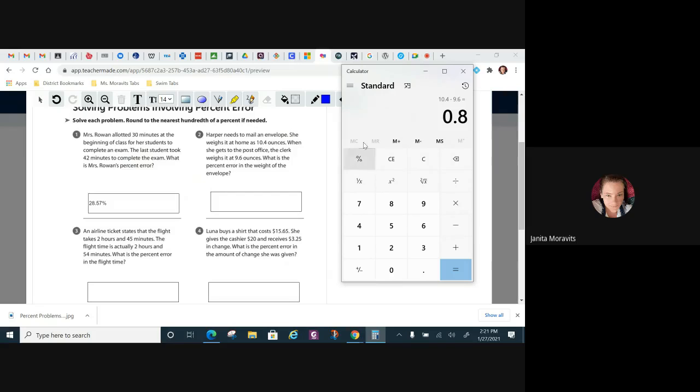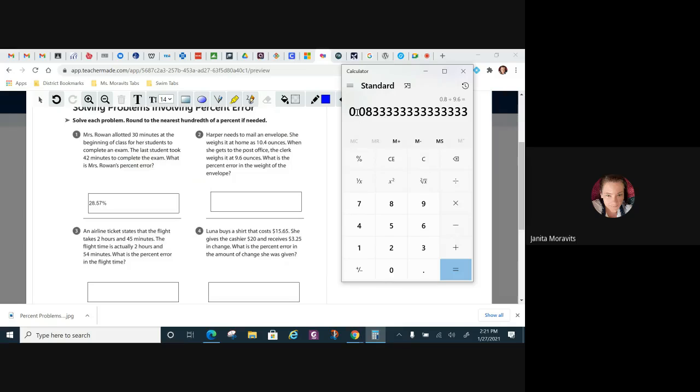Now, the actual amount was 9.6, remember? Because we have to go by what they say, 9.6. So we take the difference, or the amount of the error, and we divide it by 9.6. That equals 0.08333333 all the way down.